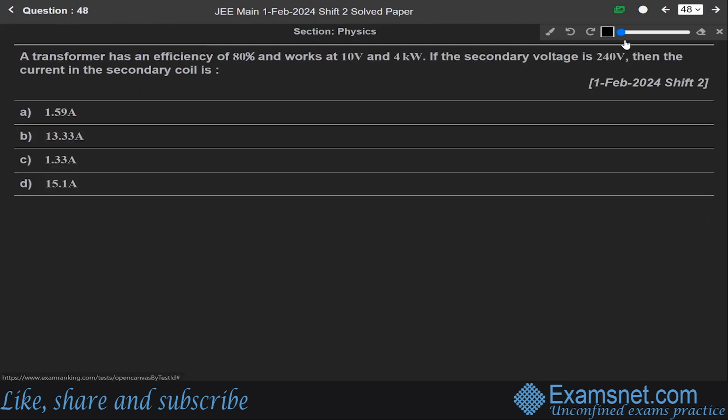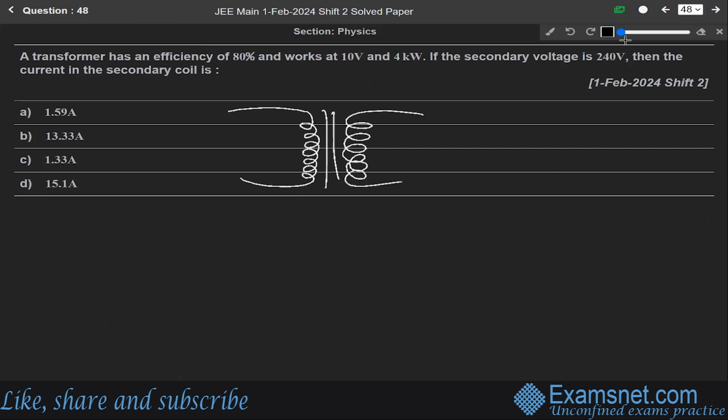Now, question 48. A transformer has an efficiency of 80% and works at 10 volt and 4 kilowatt given as the power. If the secondary voltage is 240 volt, then the current in the secondary coil is. So this is a transformer. This is the primary coil and this is the secondary coil. In a transformer, there is always a primary coil, and along with it a secondary coil.